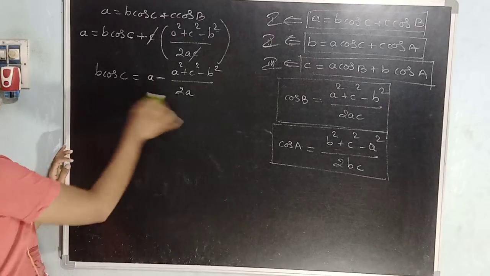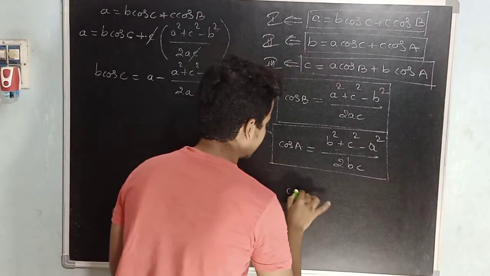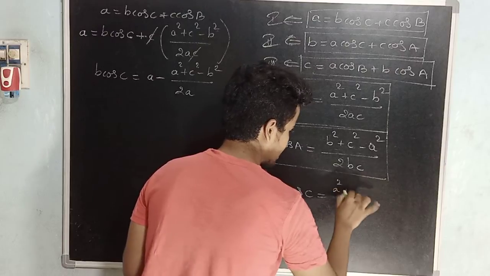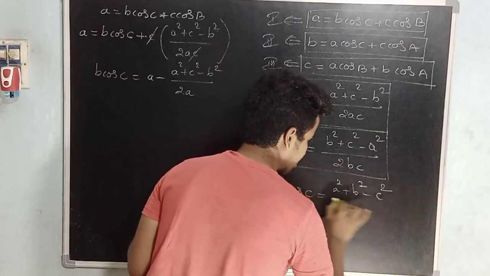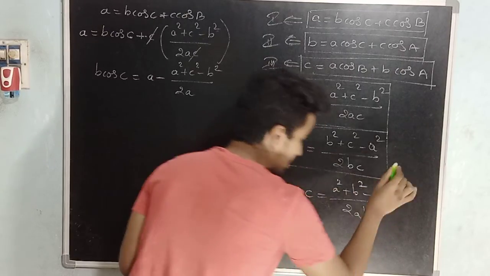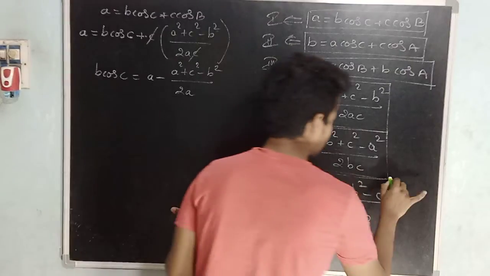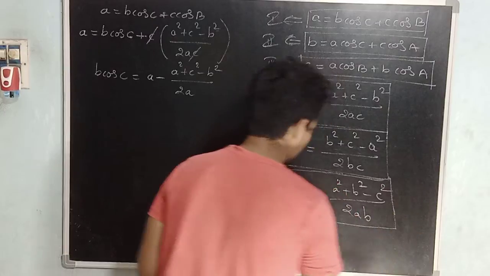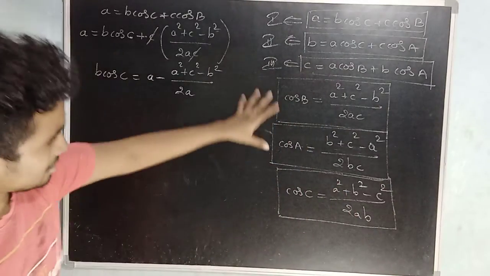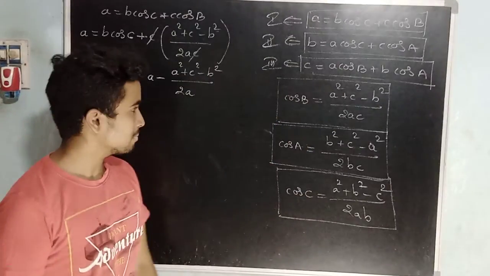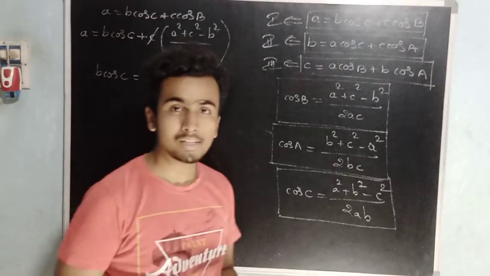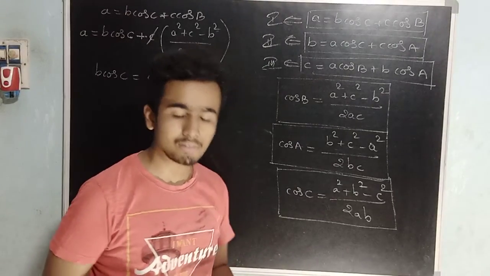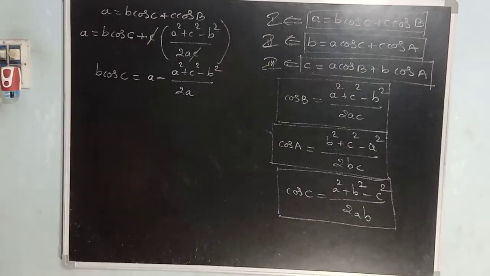So ultimately, simplifying this, we are going to get cos c as a square plus b square minus c square by 2ab. So here are three other new formulas which are used directly in solving many numericals as well as understanding further.